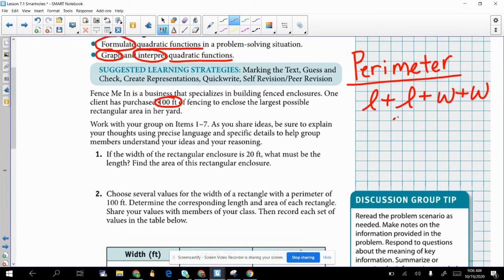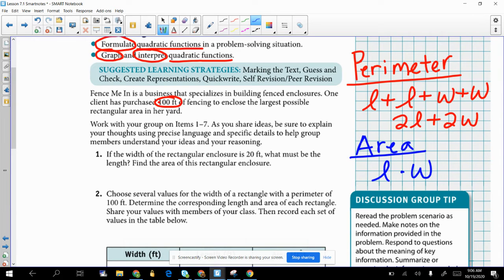Or you could say that as 2L plus 2W. That's how you can find perimeter. Area of a rectangular enclosure is going to just be your length times your width. Okay, so that's just a little reminder. You might want to jot that down.